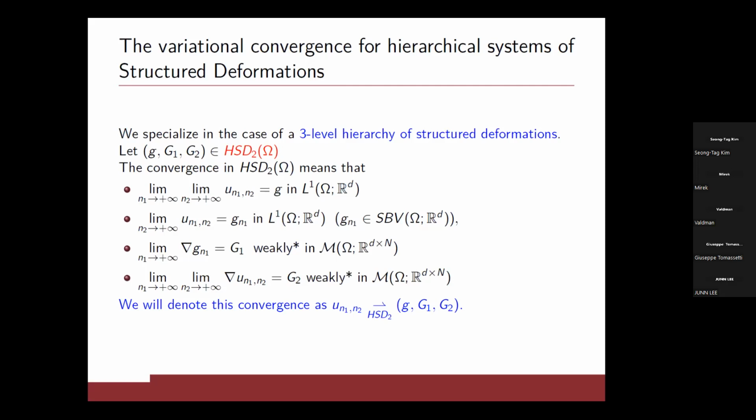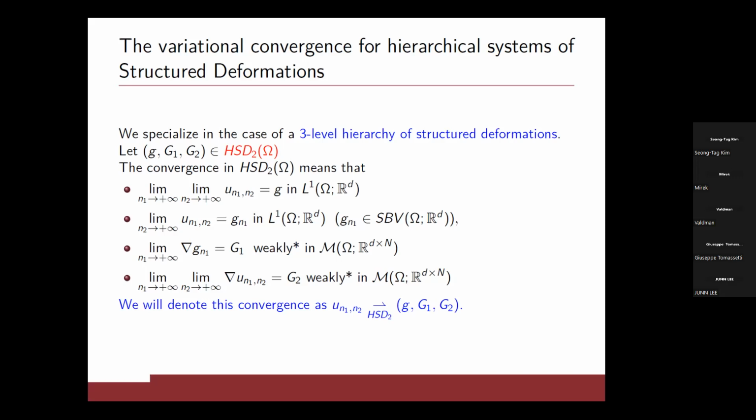For little g, you have L1 convergence. For G1, as far as G1 is a measure, you have a weak star convergence of the gradient of the limit as N2 goes to infinity of u_n1,n2, which here I'm calling u_n1. And then you can consider the weak limit of the smooth part of the gradient of u_n1,n2 going to this G2.